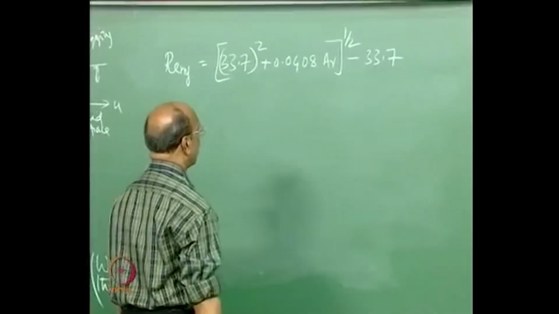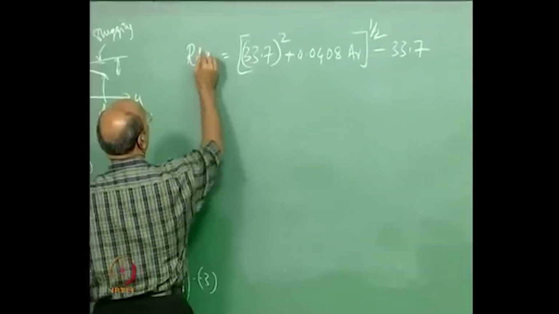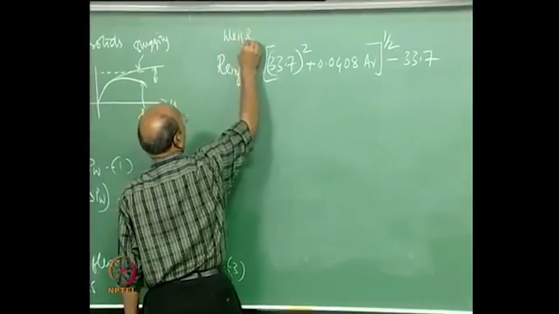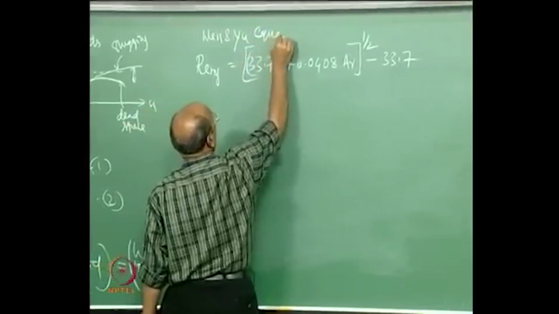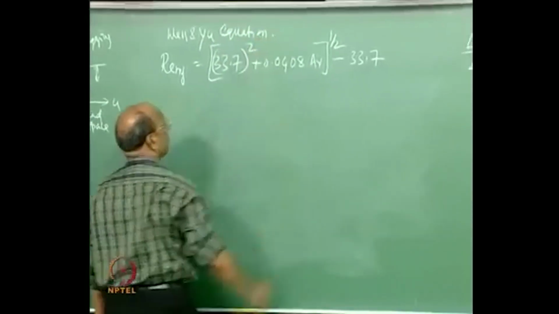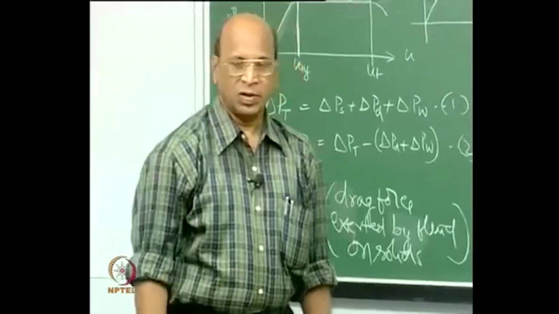This is called the Wen and Yu equation, even now very widely used for small particles.